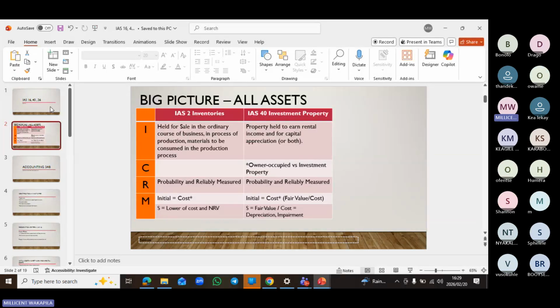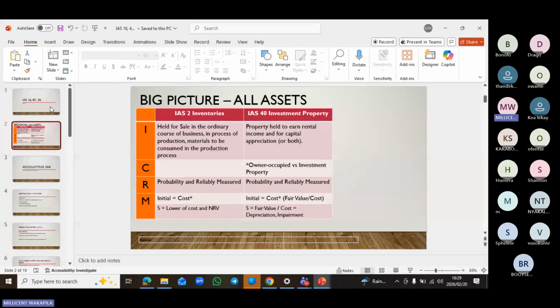Those people that are doing auditing are also in those buildings. So those buildings are used for administrative purposes. For that reason, they are PPE in the books of those entities.